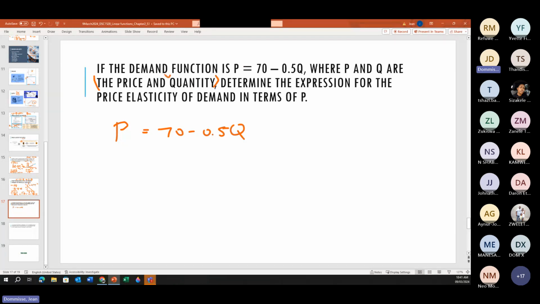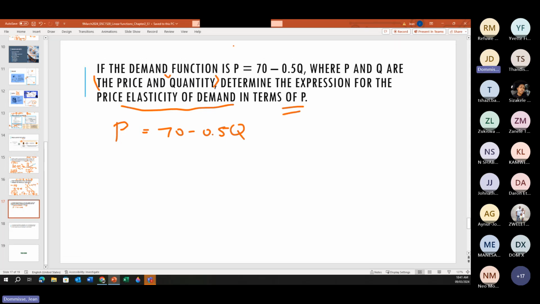It is a luxury if they add the price and quantity within the question, else we must actually know that it is price and quantity. Determine the expression for the price elasticity of demand in terms of P.